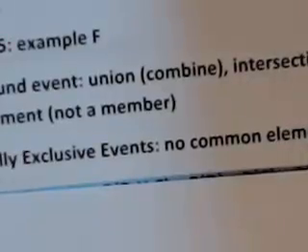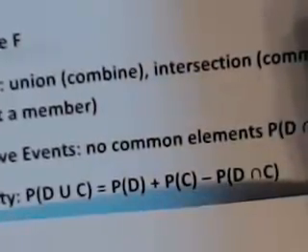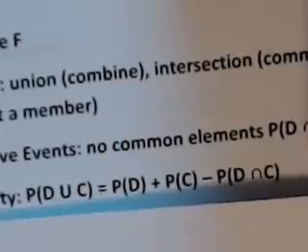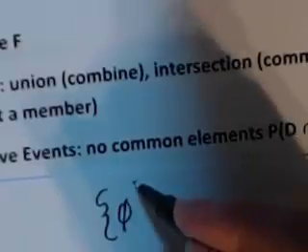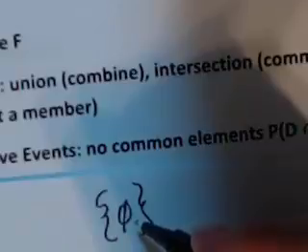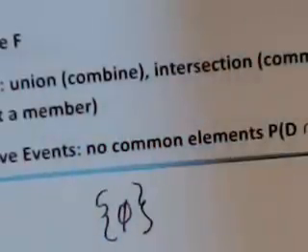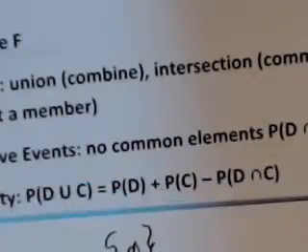Sometimes we can write the empty set with empty braces. But if you put something in there, then it is no longer the empty set. So if you do this, you have a set with the Greek letter in it. So the empty set is empty braces or the Greek symbol. And that's when the two sets have no common elements and they are disjoint.